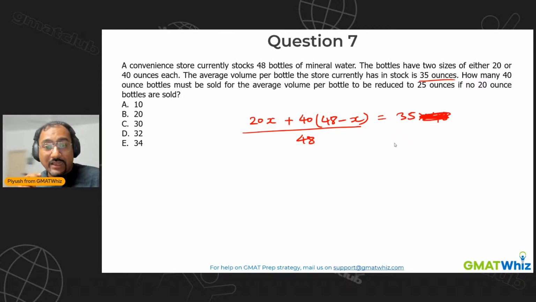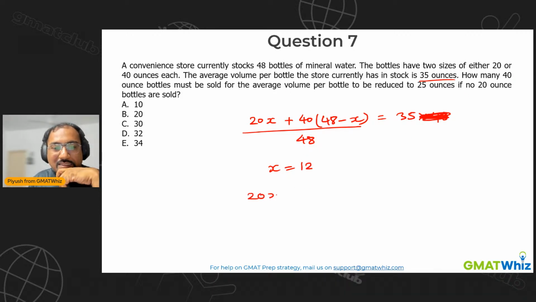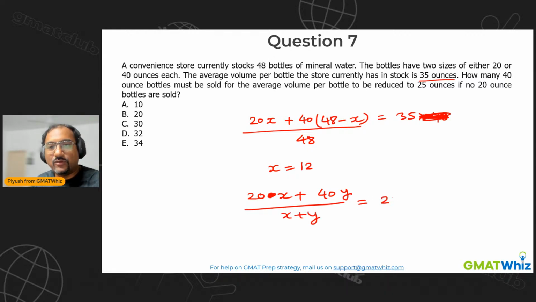Again, if you want, I can tell you what X will be in this case. If you solve, you'll get X as 12. Then the other equation would be that if a certain number of 40 ounce bottles are taken away, let's say the new number of bottles is Y. If I divide that by X plus Y, I should have 25 ounces as the average.